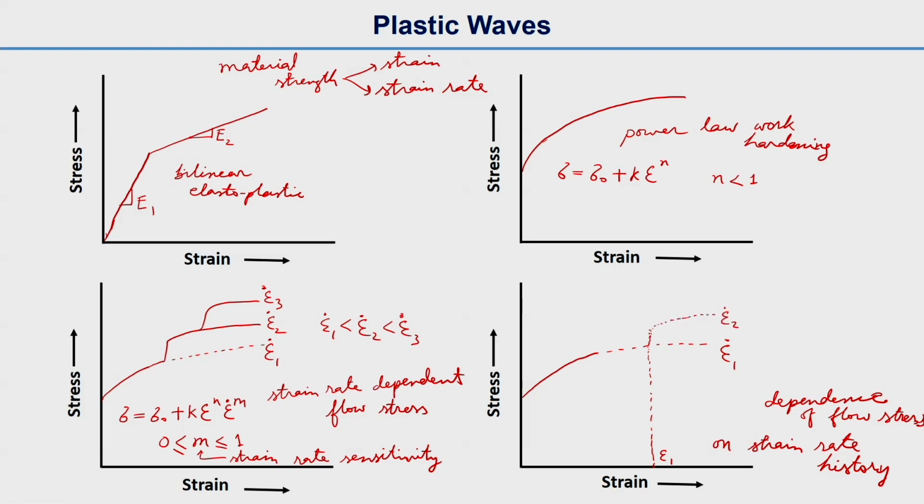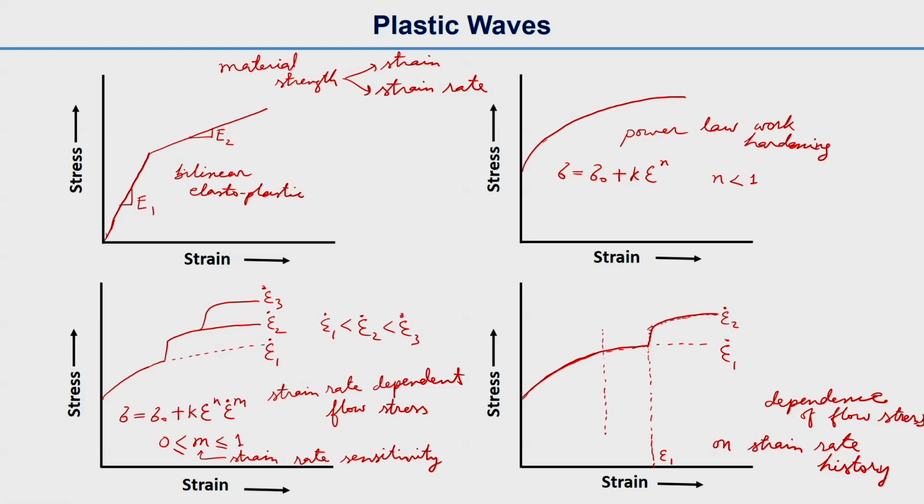What we did here is, at strain epsilon 1 we increase the strain rate from epsilon dot 1 to epsilon dot 2. So, now the material behavior is something like this.